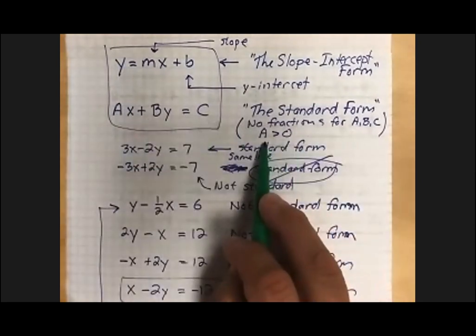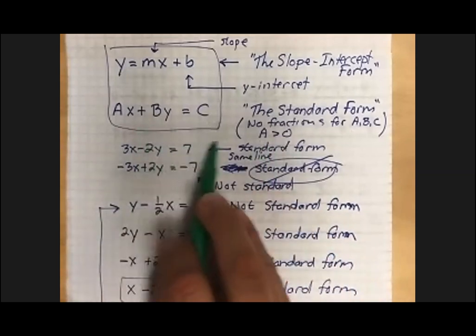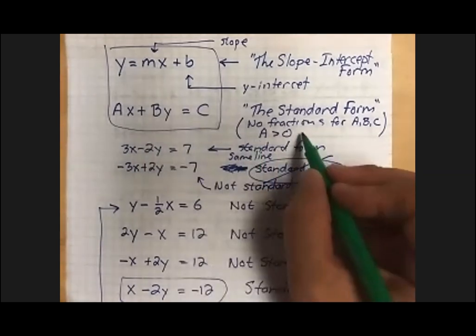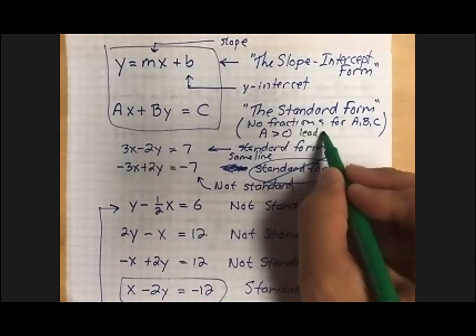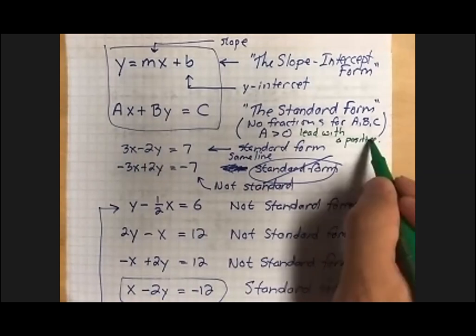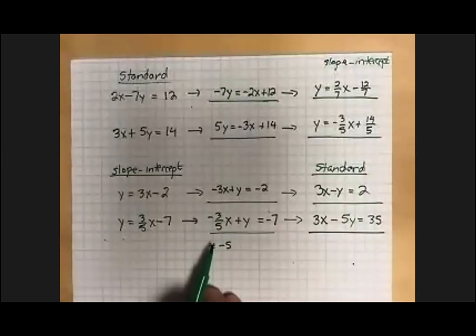But you can't make them all positive. That might be changing something. So I just say lead with a positive. Lead with a positive. And that's why I had to multiply this by a negative number to get rid of the negative sign and multiply by 5 to get rid of the fraction.